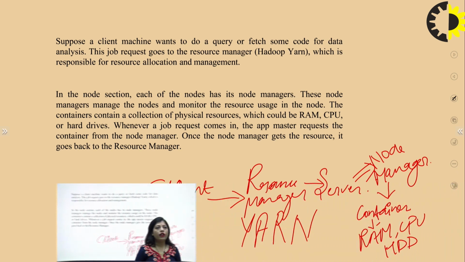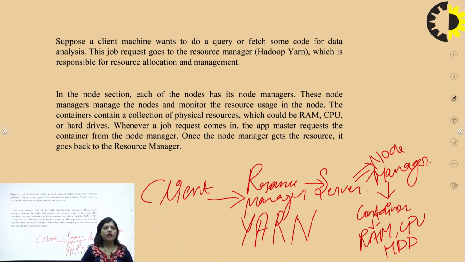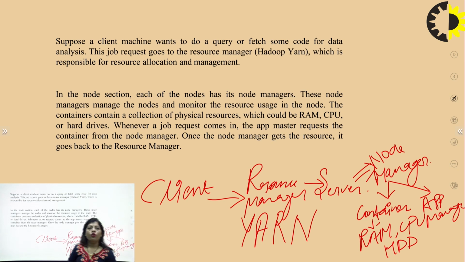Whenever a job request comes in, the app master requests the container from the node manager. Once the node manager gets the resources, it goes back to the resource manager.